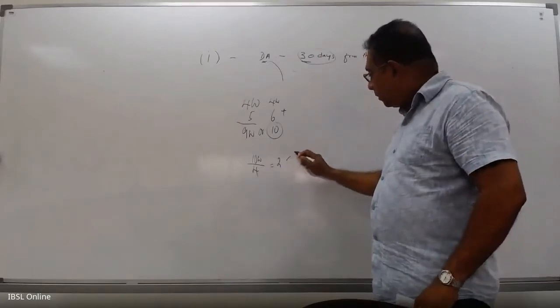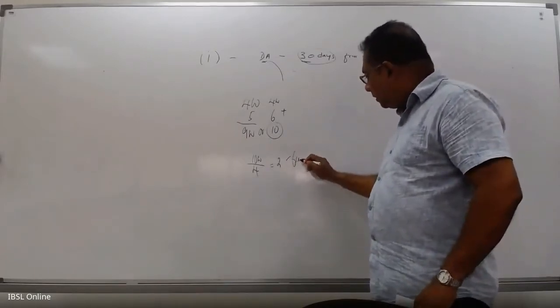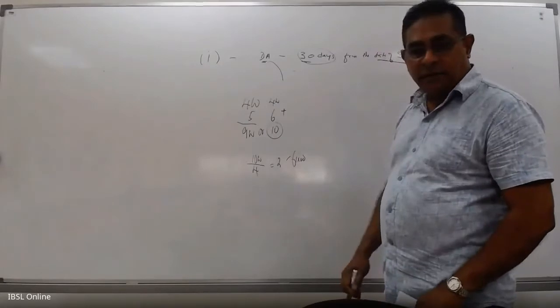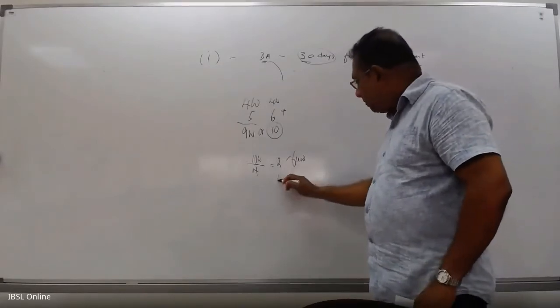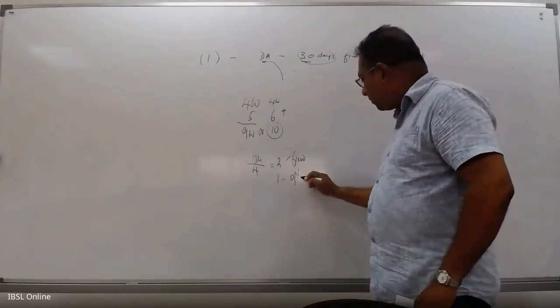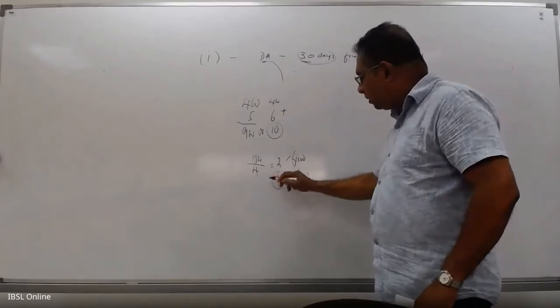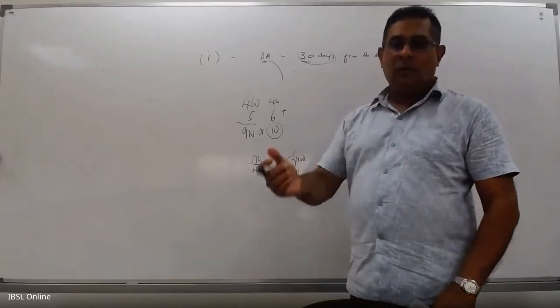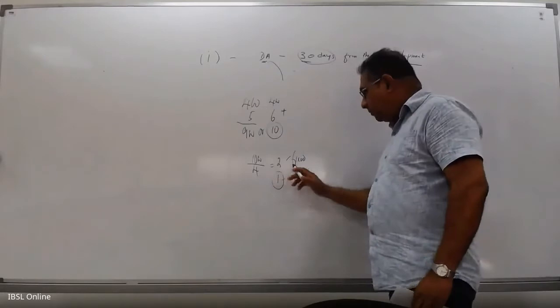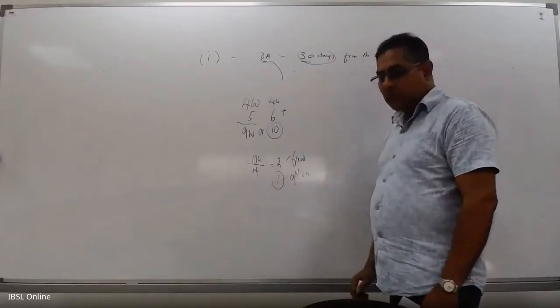So therefore, you can say you book the contract for 2 fixed months and 1 month for option. You don't give for 2 weeks option, you always give for monthly form. So you say 2 months fixed and 1 month option, right?